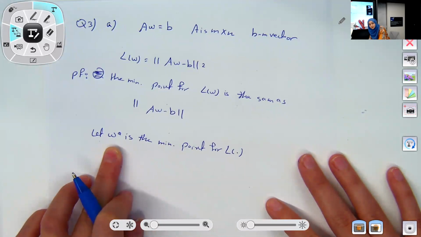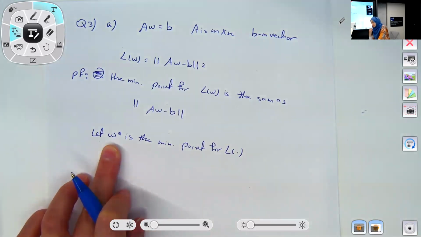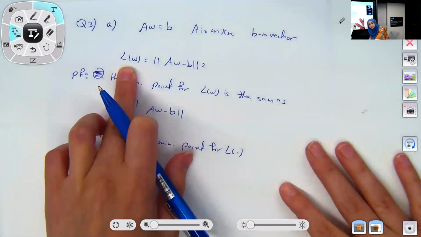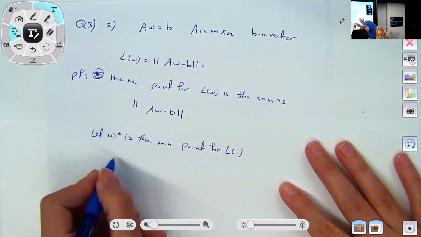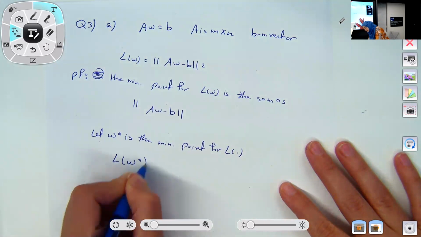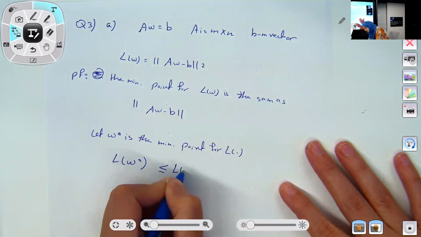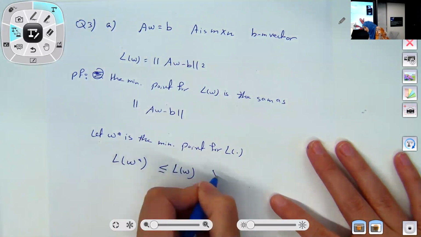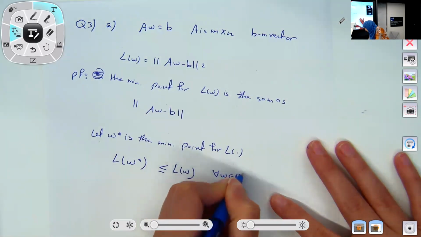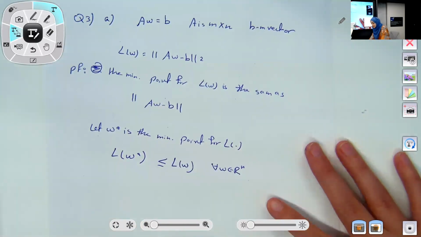Because it's the minimum point, the loss function at this point is less than or equal to L of omega. So L of omega star is less than or equal to L of omega for all omega belonging to R^n. This is the first step.